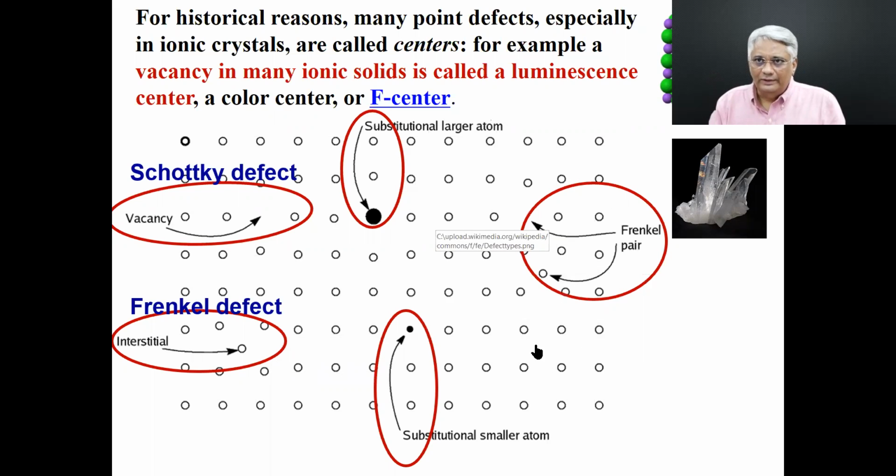We also have these Frenkel pairs, a combination of interstitial and the vacancy. You can also have a combination of a replaced atom. If this atom is replaced by a bigger or a smaller atom or ion, you can have a pair between that dopant ion and the vacancy.